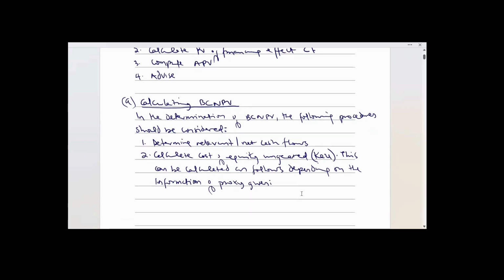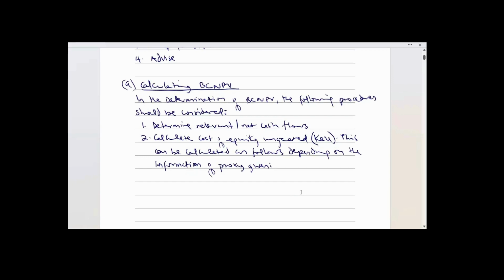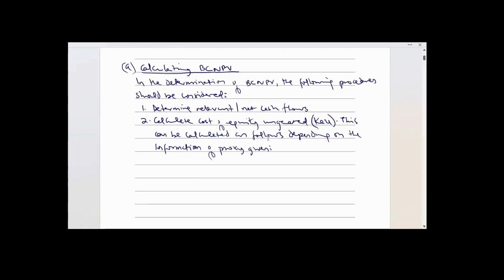Therefore, now when you want to calculate your cost of equity on gear, you need to check from the question how you are going to calculate your cost of equity on gear. Now, this cost of equity on gear relies heavily on the information of a proxy company, comparable company. There are 3 ways in which you can calculate your cost of equity on gear.